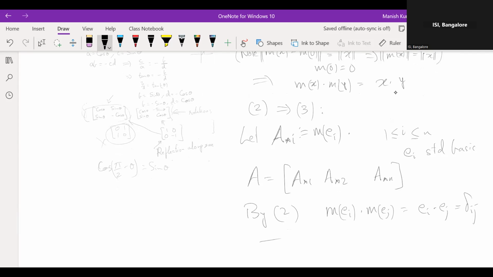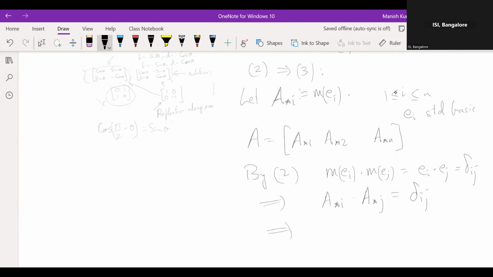So this tells you that A star i dot A star j is equal to delta ij, which tells you that the columns of A are orthonormal. So that tells you that A is an orthogonal matrix.